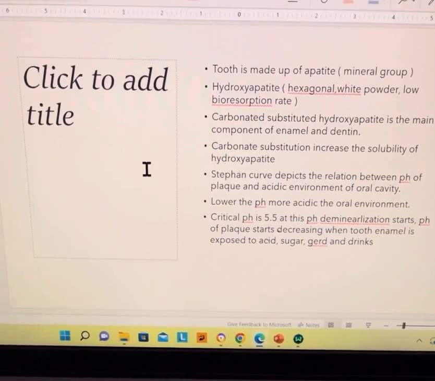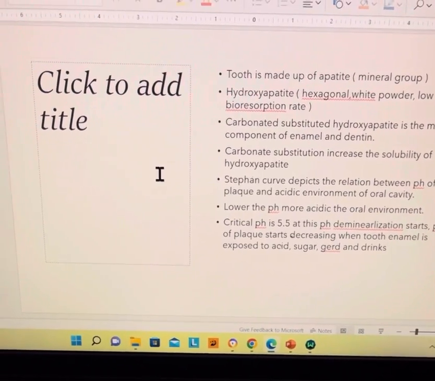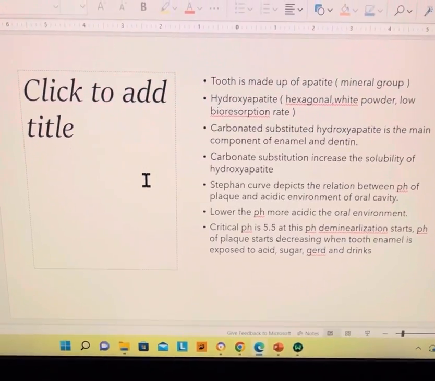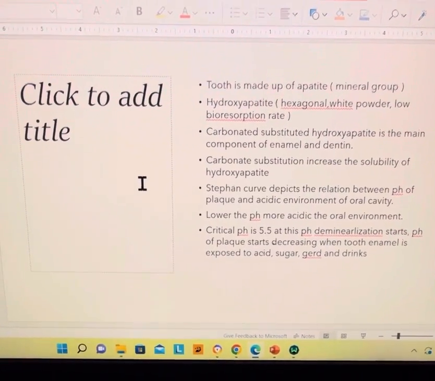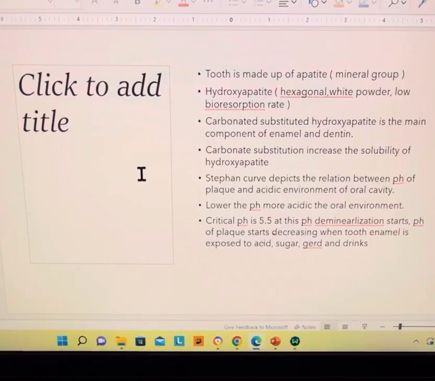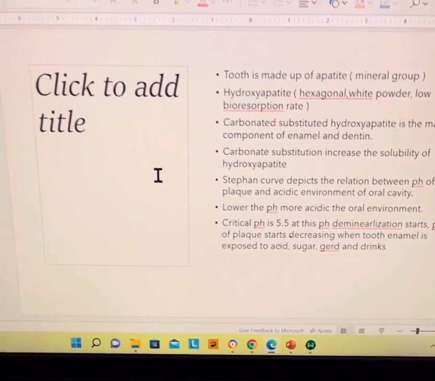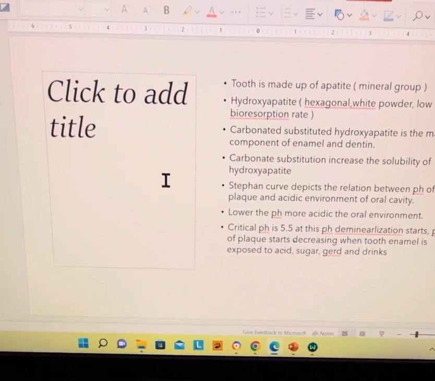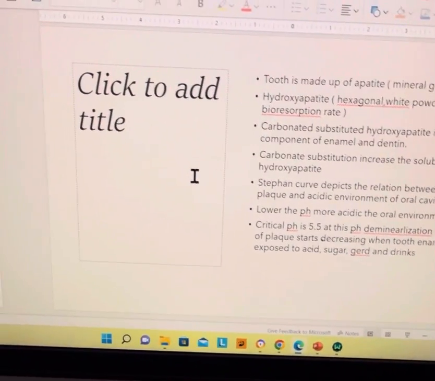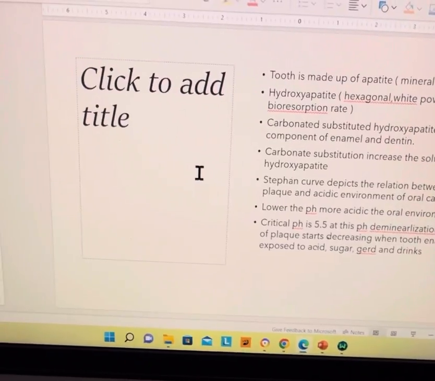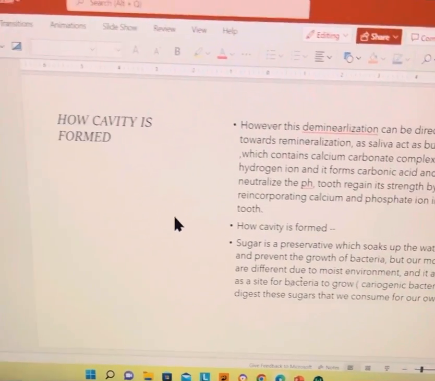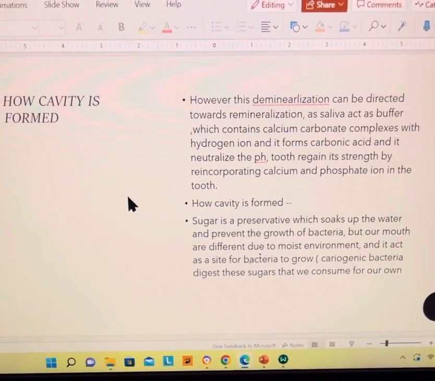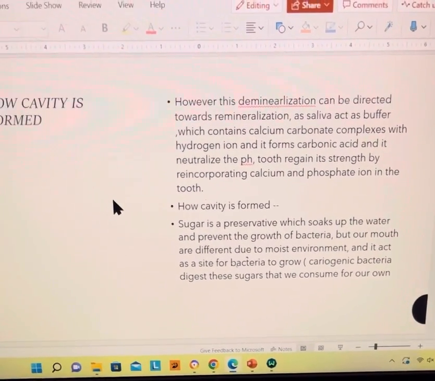There is also a critical pH of the oral cavity, which according to the Stephan curve is 5.5, because after this pH demineralization starts. The pH of plaque starts decreasing when the tooth enamel is exposed to acids, sugary drinks or sugar, or GERD, gastroesophageal reflux disease.